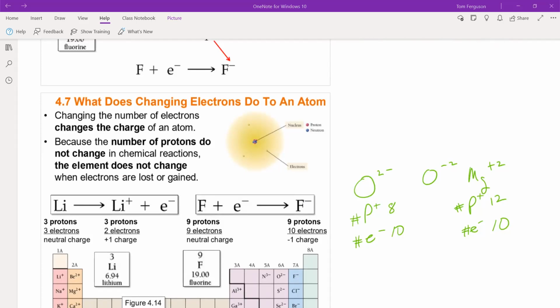Let me see if that's in modules. Yeah, they're in modules as well. So these 2 worksheets I would like you to work on. Basically, you're going to practice finding the number of electrons, number of protons, figuring out the ions, and also the particular isotope. And we haven't talked about that yet.